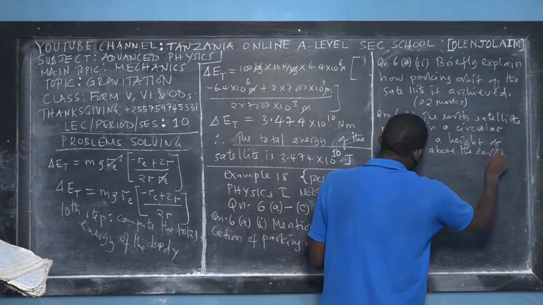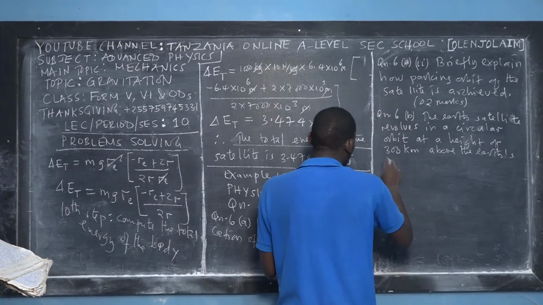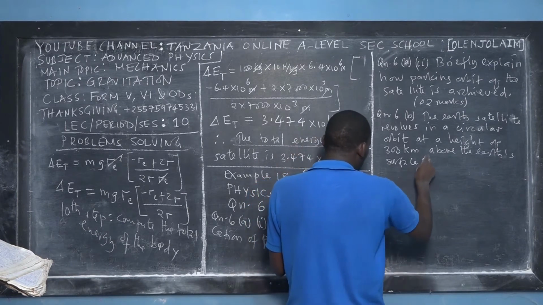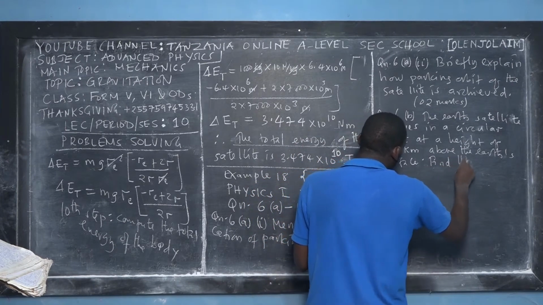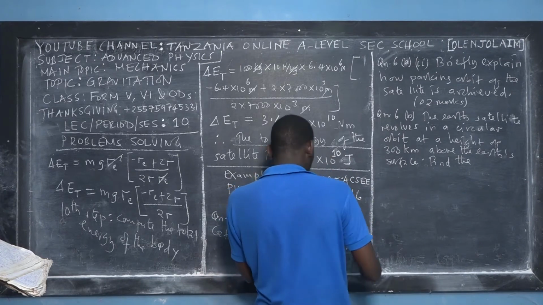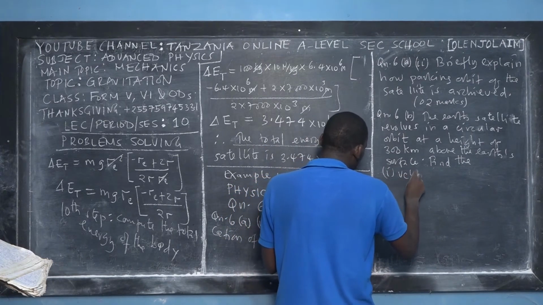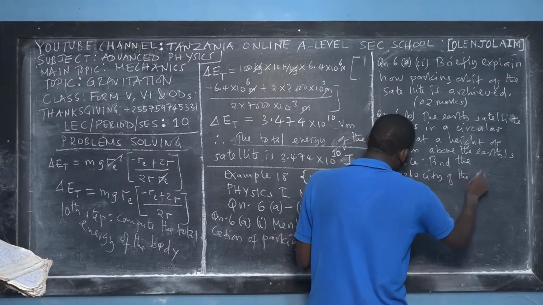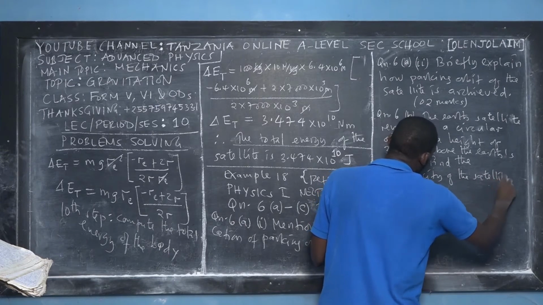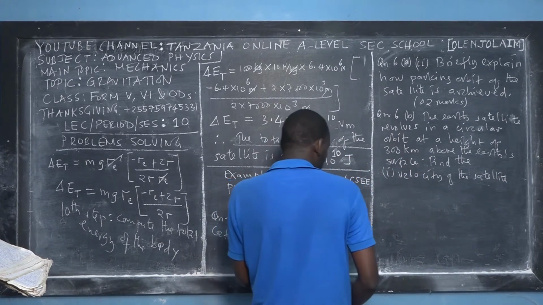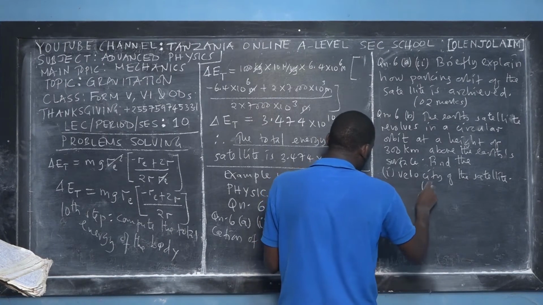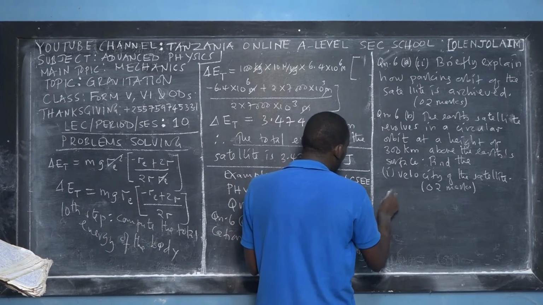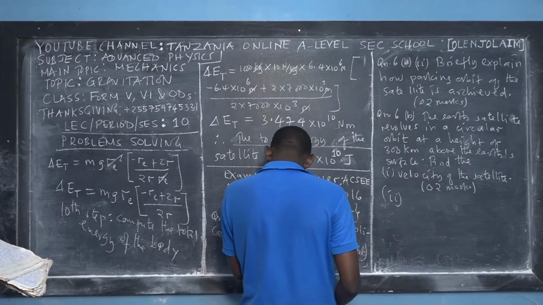So you have two questions. Find the, Roman 1, velocity of the satellite. The velocity of the satellite might be given 2 marks. And then the period: find the period of the satellite.